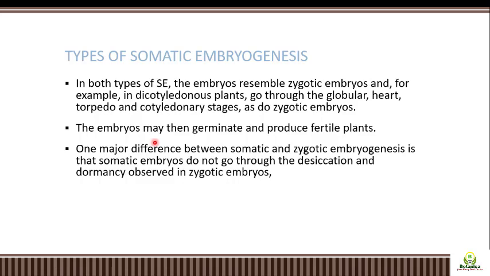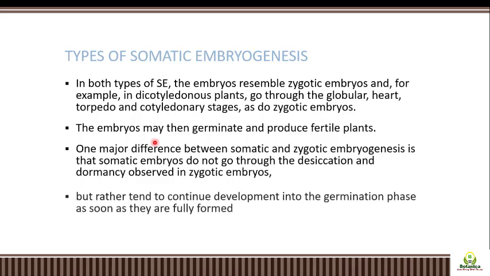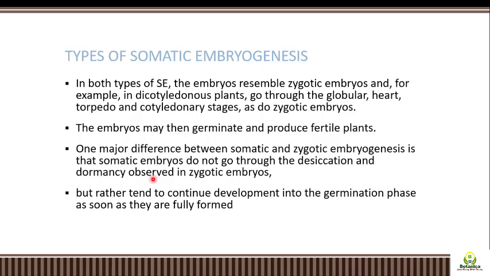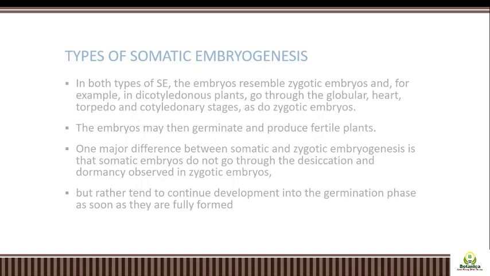But in somatic embryogenesis this is not the case. Here there are subsequent steps which are followed, with no break or pause between them, but rather a continuous development into the germination phase as soon as they are fully formed. So whenever the embryo is formed, it will directly germinate and go through the germination phase.